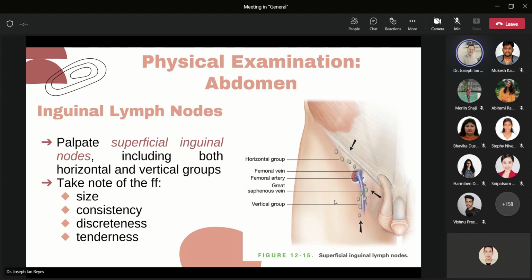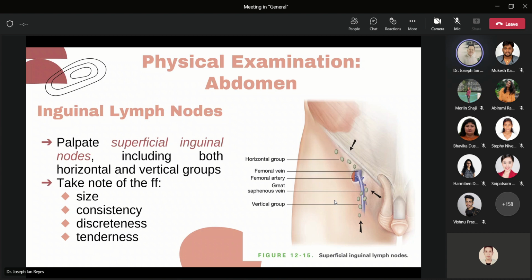Then you go to the inguinal lymph nodes. Again, try to locate them properly, because if you do not know their exact location, you will not be able to palpate them. The superficial inguinal nodes, including the horizontal and vertical groups as mentioned earlier, you have to locate and palpate properly. Take note of their size, consistency, discreteness, and tenderness.